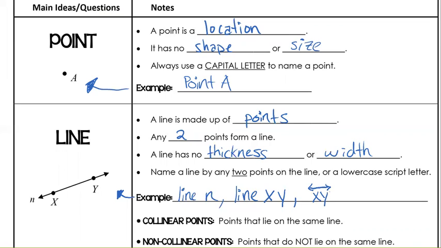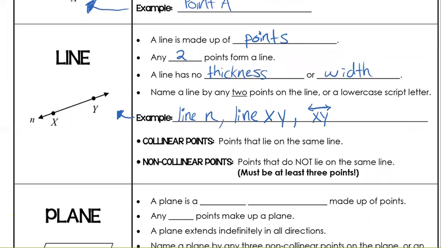So now collinear points are points that lie on the same line. So X and Y are collinear. Non-collinear points are points that do not lie on the same line, and there must be at least 3 points. So here, X, Y, and let's just use W so you can see it.